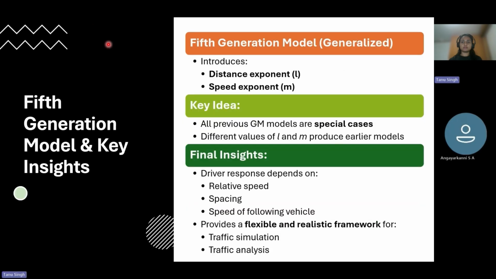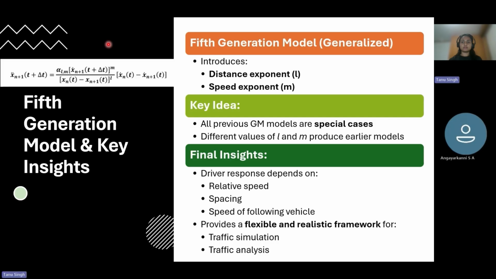Further, coming to the fifth generational model. The fifth generation model is the generalized model. Here we have two new parameters, the distance exponent and the speed exponent, that is, the powers M and L. This allows the model to be more flexible, meaning we can adjust how strongly spacing and speed influence driver behavior.